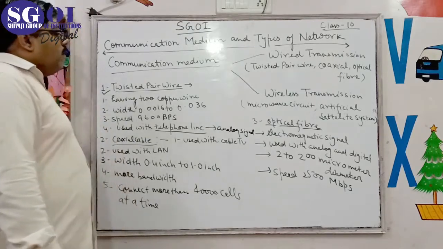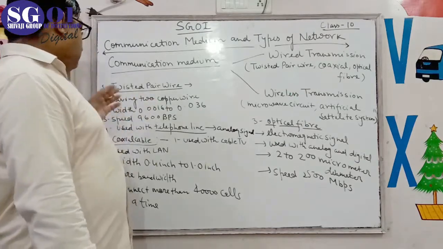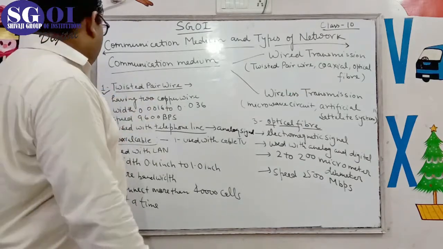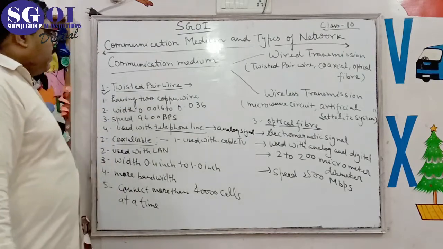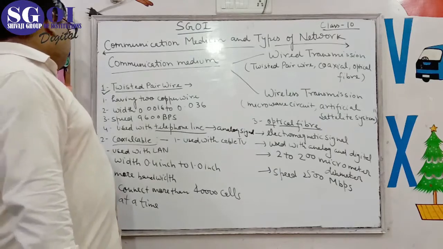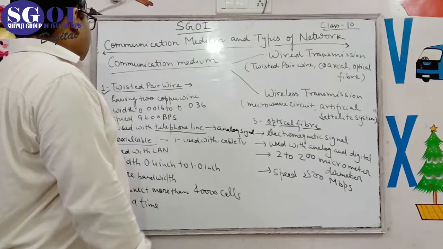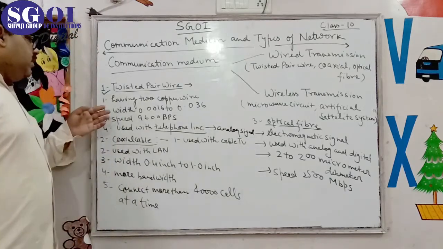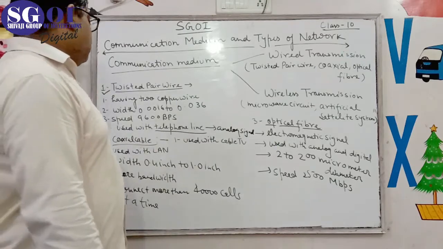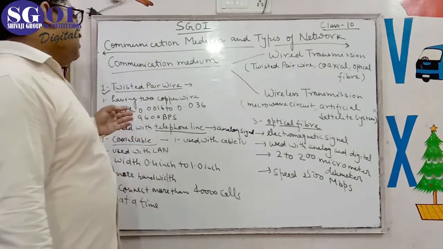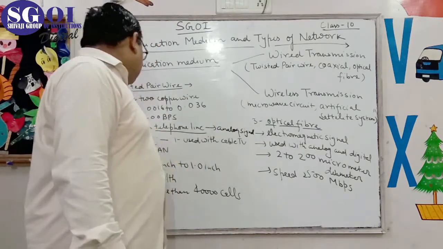Both wires are copper, and no attenuation or white noise occurs in twisted pair wire. The bandwidth and speed of twisted pair wire is 9600 bps, and the width is 0.0016 to 0.036 inch. It is used with telephone lines and is more appropriate with analog signals.